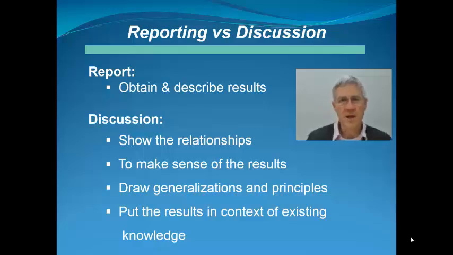Research writing aims to make sense of the results by putting them in the context of current knowledge, showing the relationships among the observed results, noting any principles or generalizations that can be gained from the results, as well as considering the implications of the research in a broader context. Where necessary, it also highlights any contradictions with previous research.